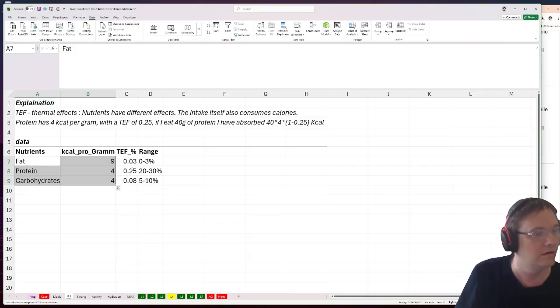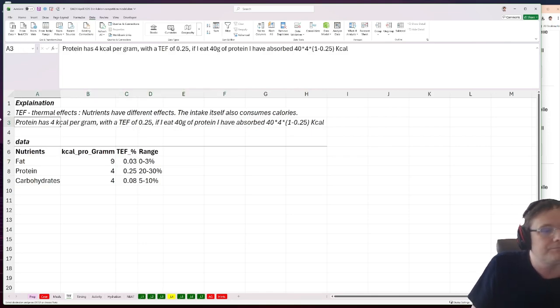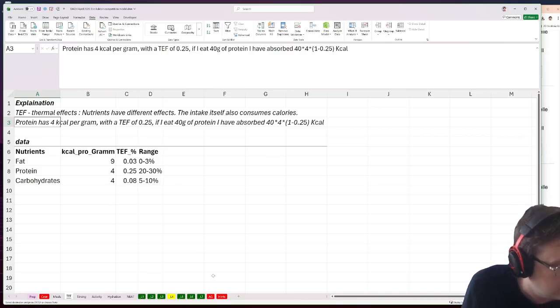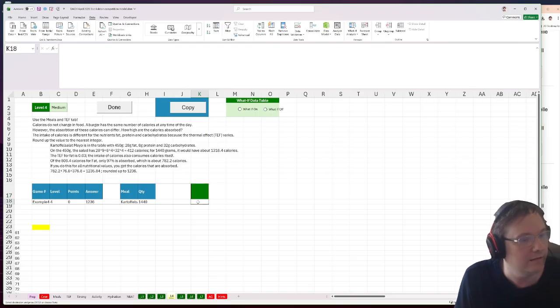TEF, thermal effects. If I eat that, I've absorbed that much. All right, well, let's start here.